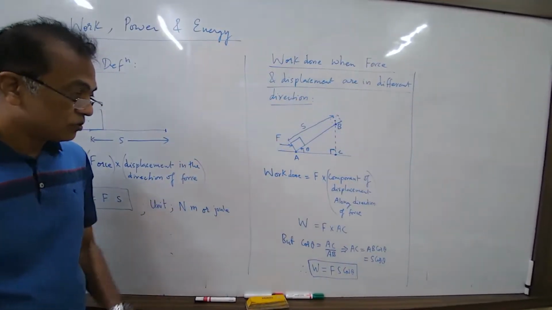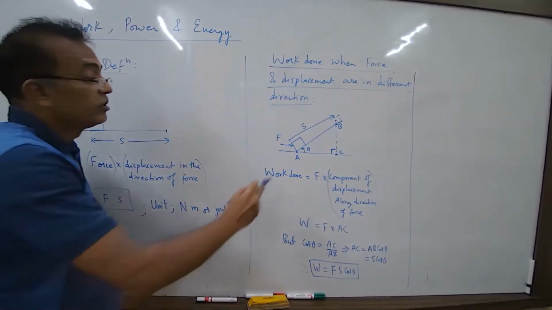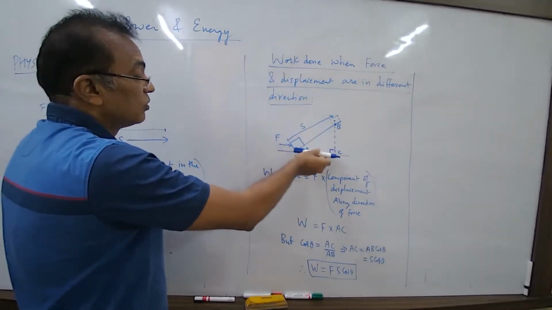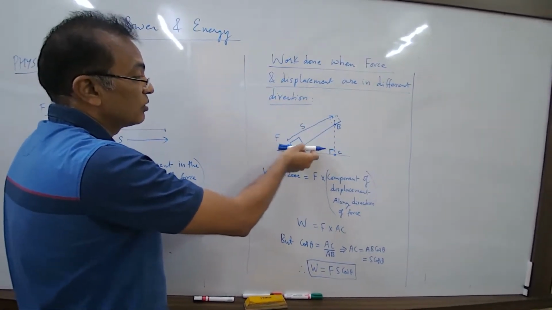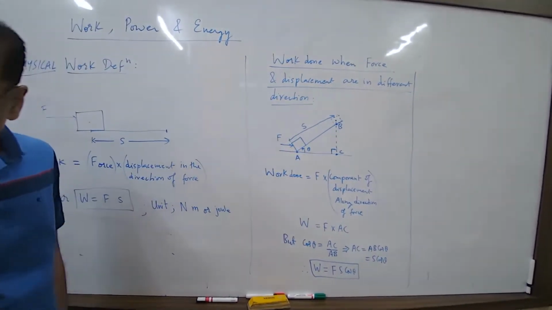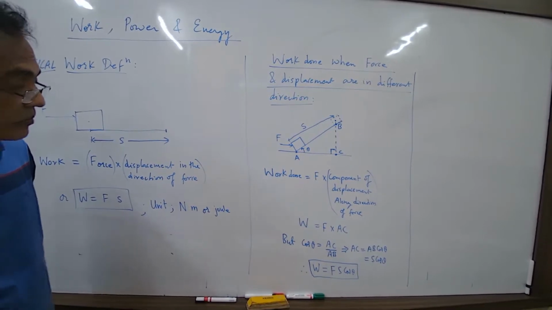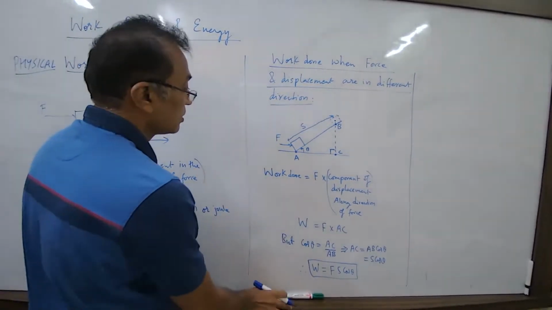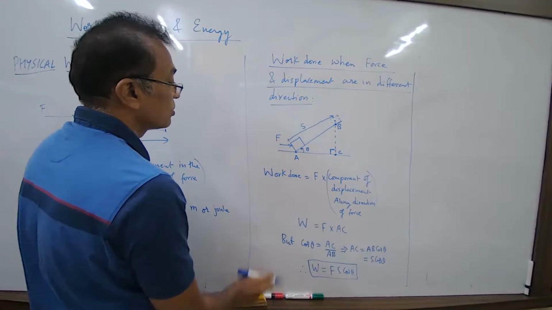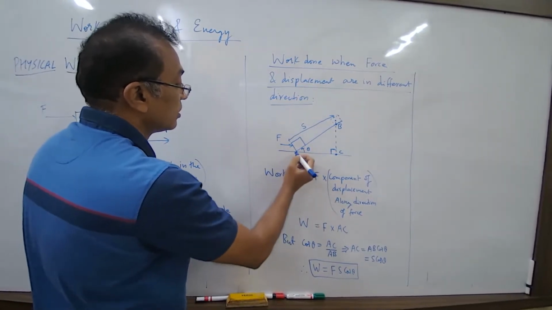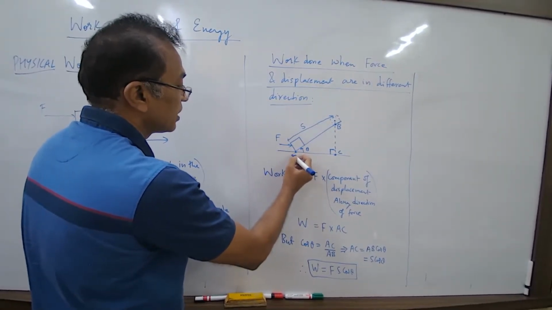So there is one more situation. Instead of taking displacement along force, I can also take a component of force along displacement. Right? So I can do that. So for that, now see, where is my force direction? This direction. So I can now extend this line.